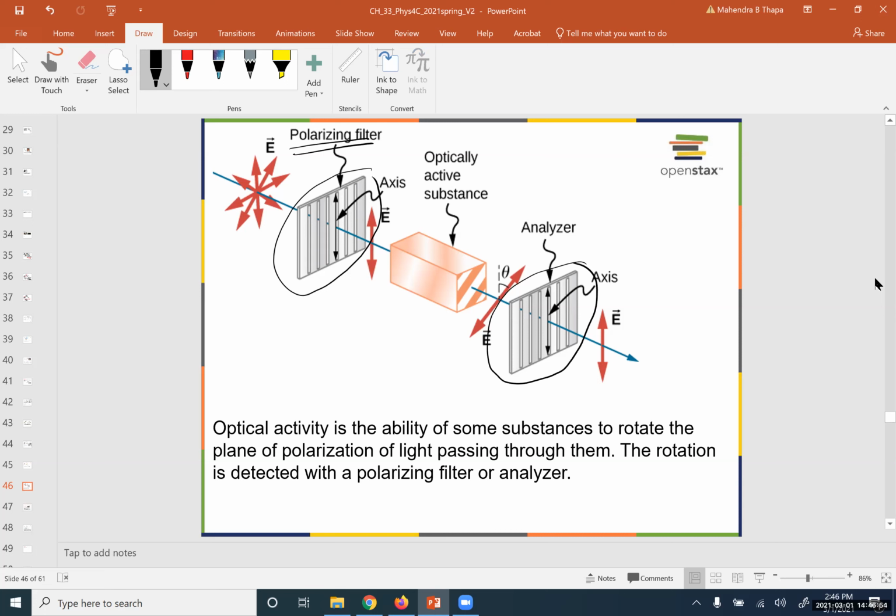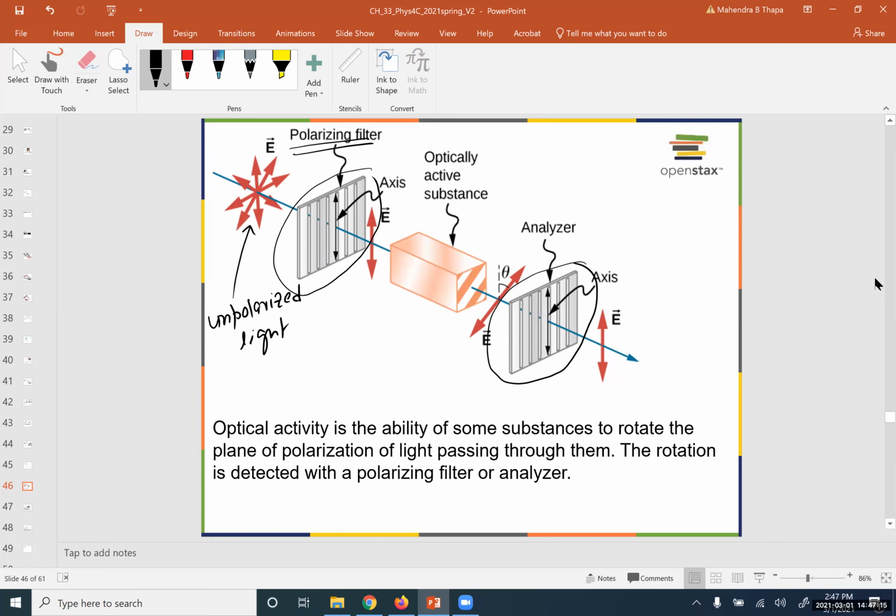If this is the source of unpolarized light, it passes through the first filter, which only allows the wave that is parallel to its axis.